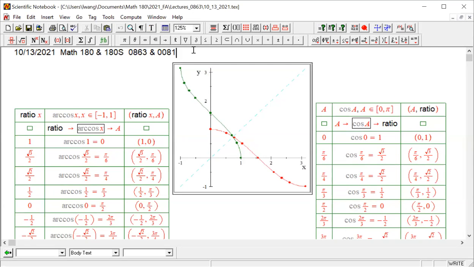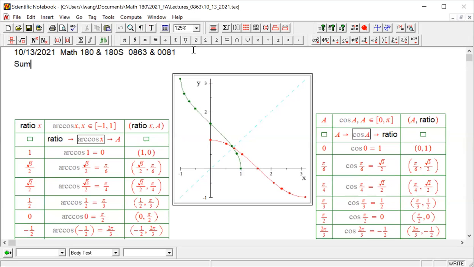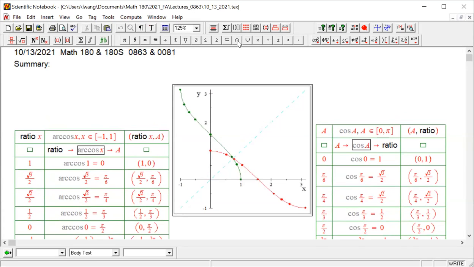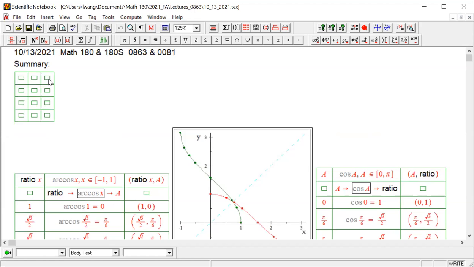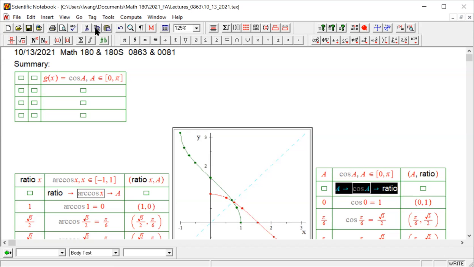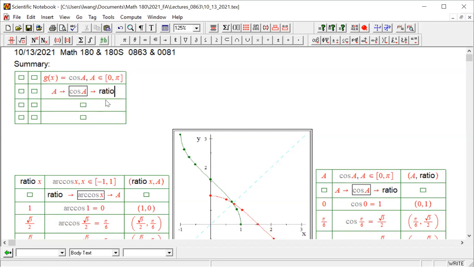And then you get your summary. So these two functions, one I'm going to call G. The nature of this function is to take an angle to produce a ratio.